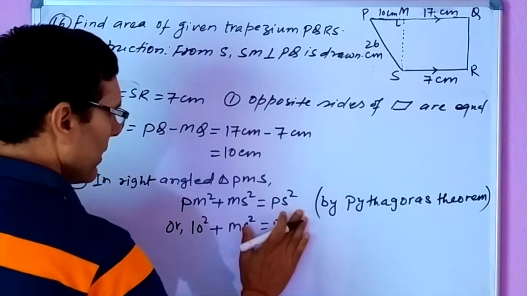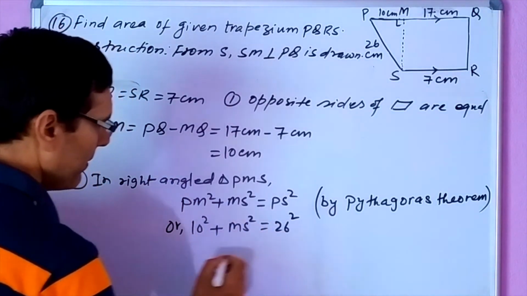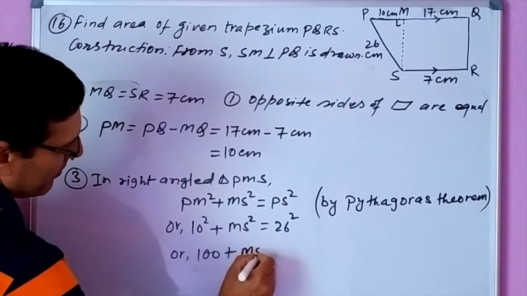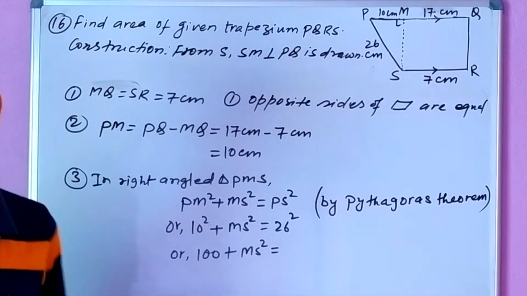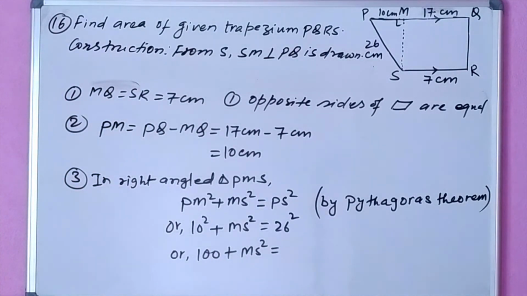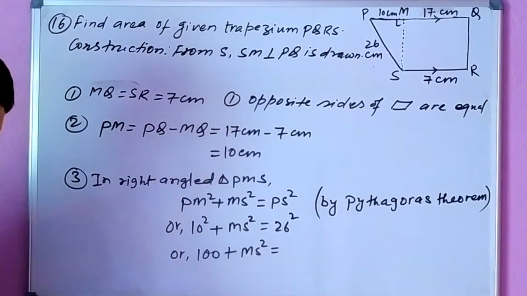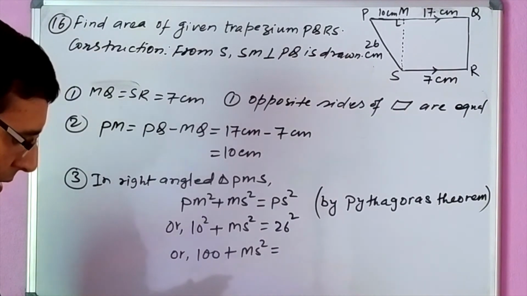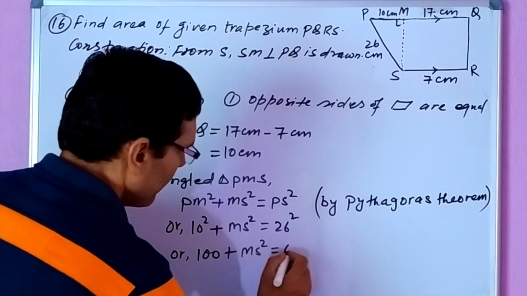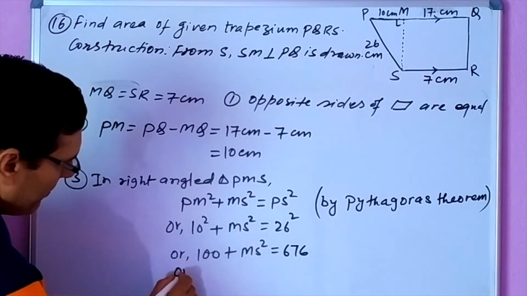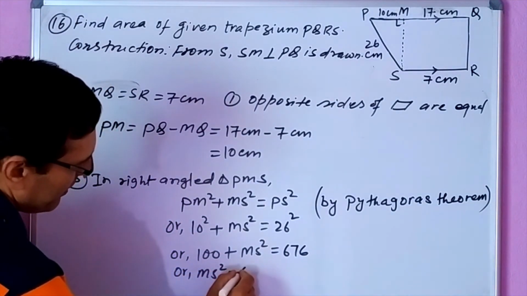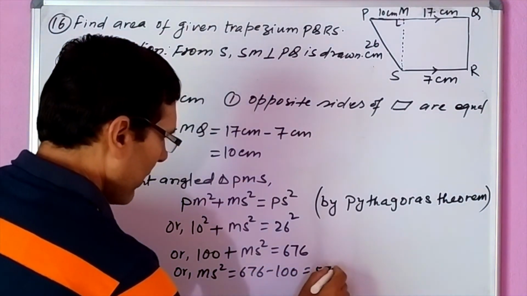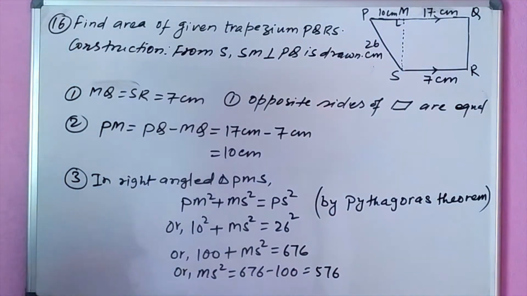PS is given 26, we can write 26 square here. What is the square of 26? 676. So MS square is equal to 676 minus 100, 576.